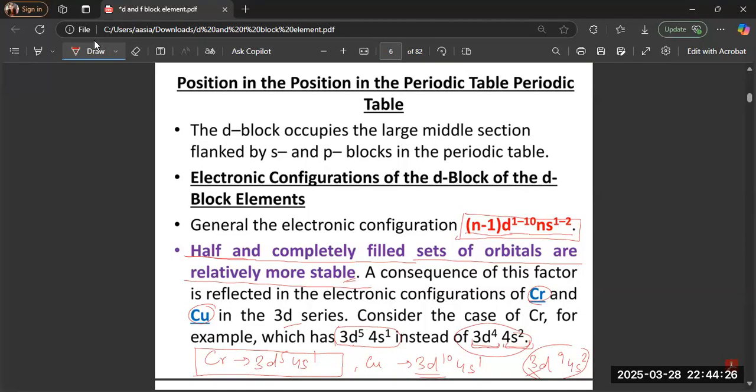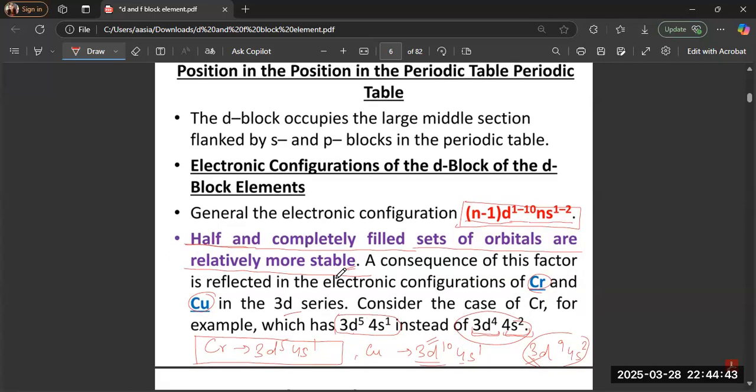So due to stability, copper shows 3d10 and 4s1 electronic configuration. Clear? You just have to remember the exceptional cases. So the electronic exceptions are copper and chromium.